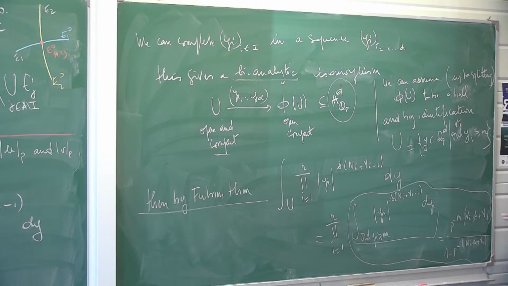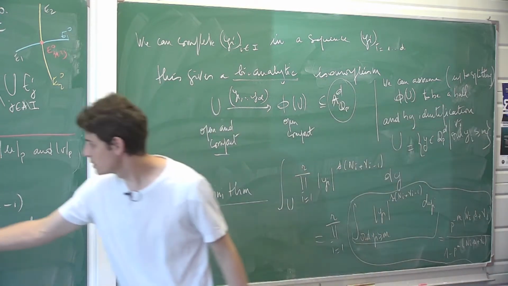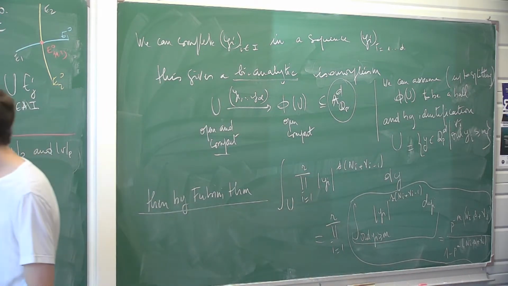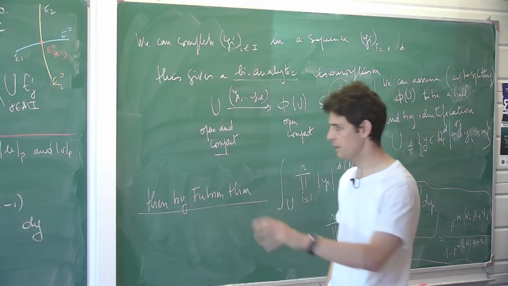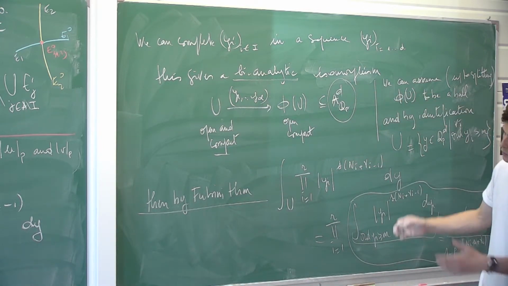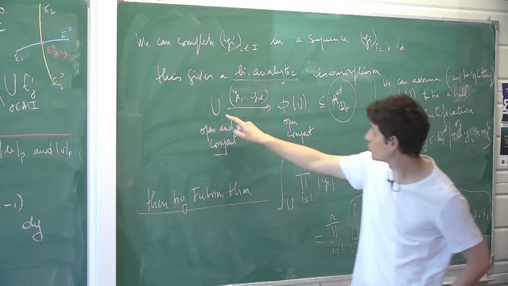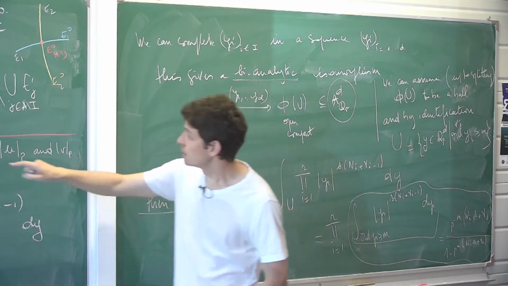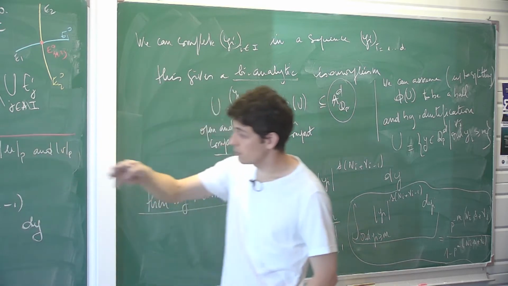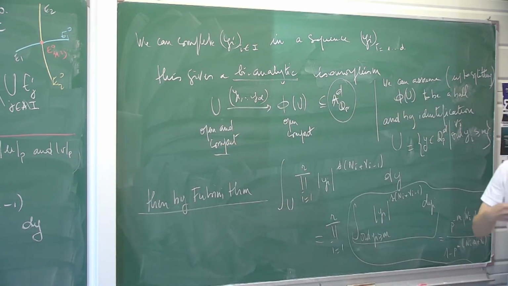So this is a rational function in p^{-s} multiplied by an element in the form p^{-s} times something, and you have to sum up all of this over all the u, and as this is compact, you have finitely many terms, and this gives you the rational form. Okay?